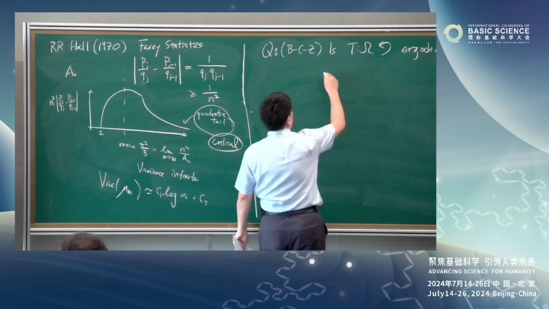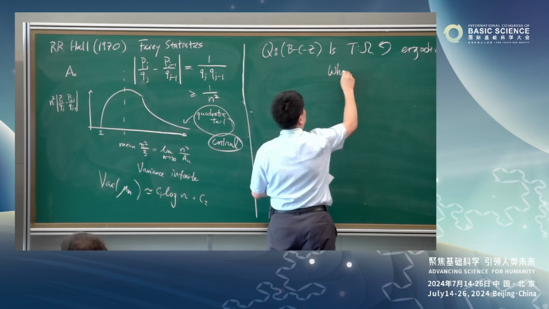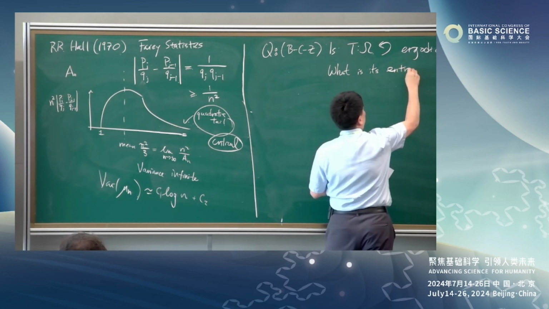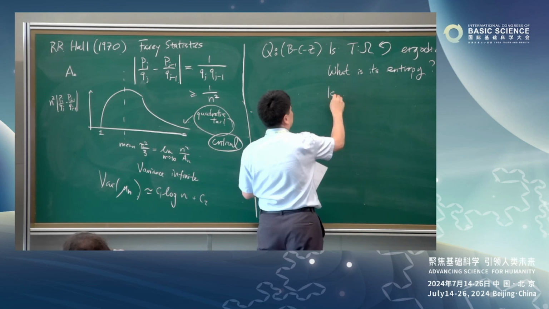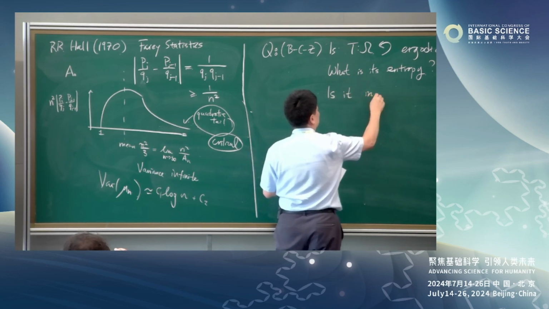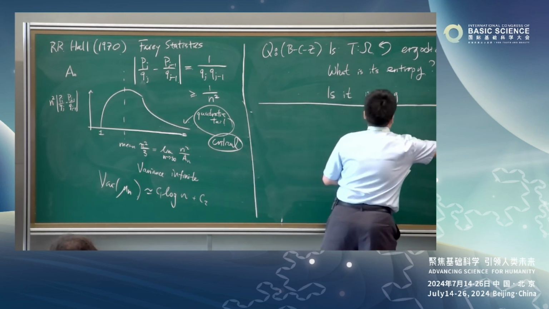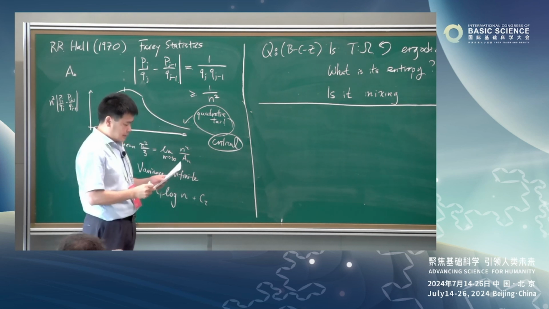But the questions they ask is, what is its entropy? You can measure the entropy of this map. And is it mixing? So this is around 2000, maybe 2004 or something like that.